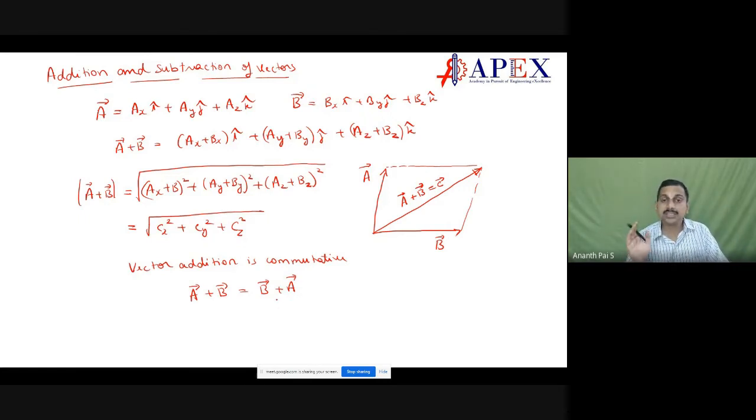If the addition is not commutative, it is not a vector. An example is our angle, is it not? In the angle we have seen, it is not commutative, so it is not at all a vector. Same thing holds good here.